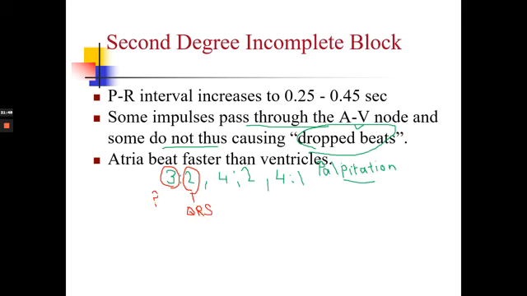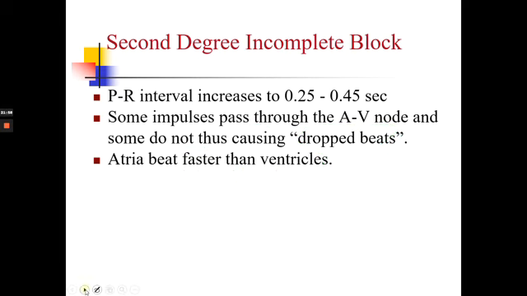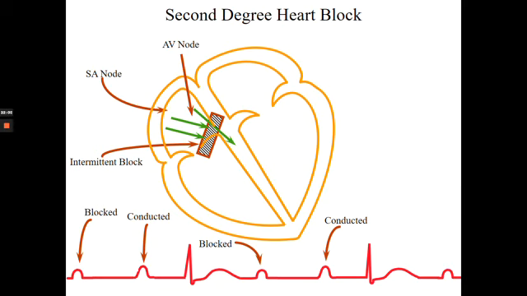So this is second degree, and this is something that repeats itself. That's called regular irregularity. Look, this is P, Q, R, S, T. This is P, a second P. This P here is not followed, this is a dropped beat.